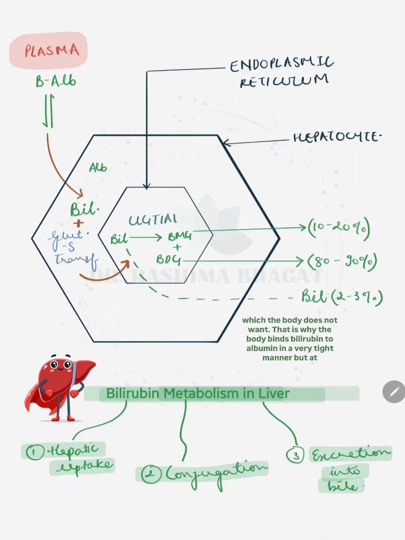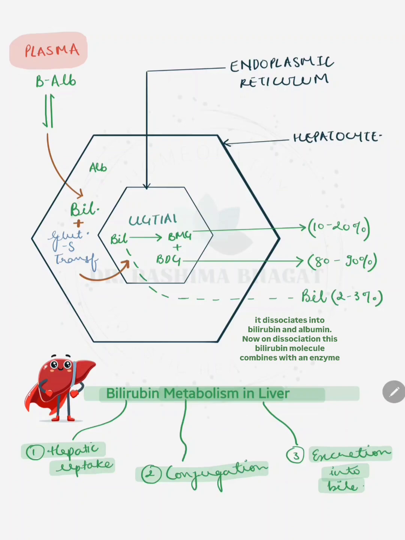That is why the body binds bilirubin to albumin in a very tight manner, but at the same time, it is bound in a reversible manner, because for the unconjugated bilirubin to turn into conjugated bilirubin, it has to dissociate from albumin. Now, when this bilirubin-albumin complex enters the hepatocyte, it dissociates into bilirubin and albumin.